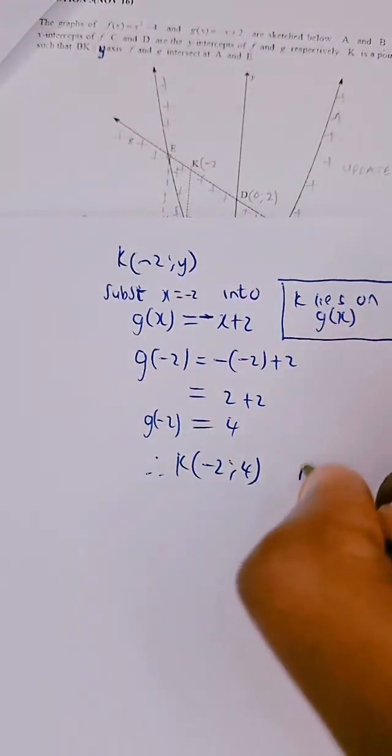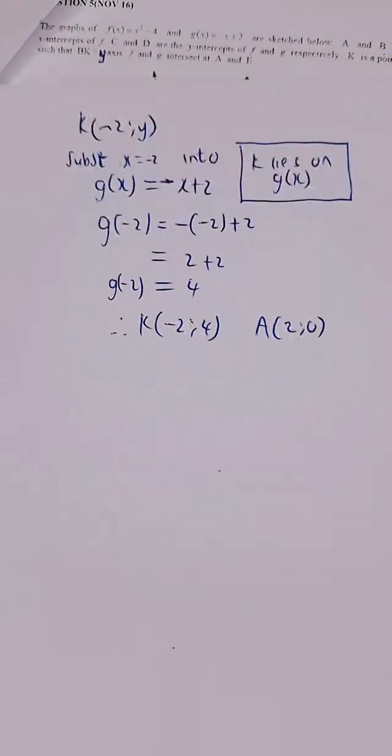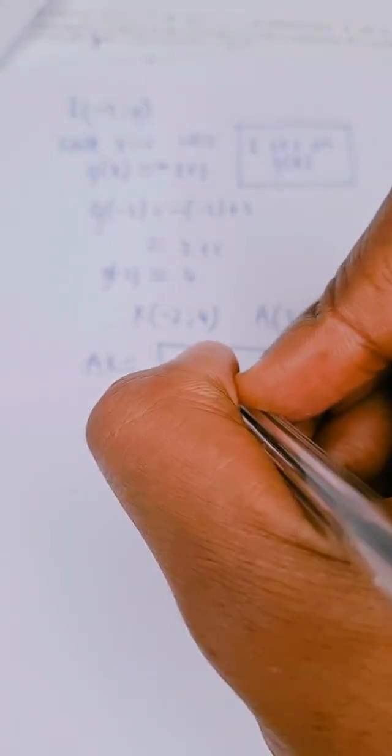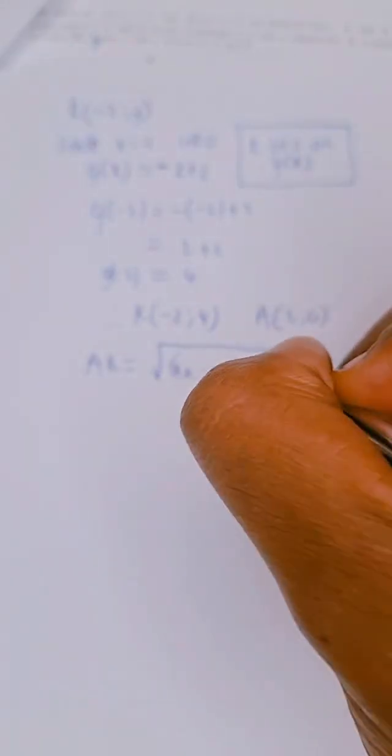Now you need AK, the distance. So AK is equal to the distance formula, guys. We have x of K minus x of A, the whole thing squared, plus y of K minus y of A, the whole thing squared.